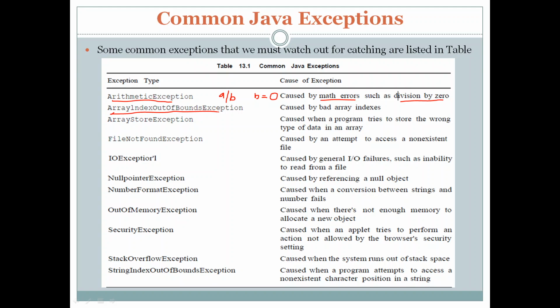Then we have the exception that is array index out of bounds exception. It is caused by bad array indexes. This simply means if you are trying to access an array index which does not exist, in such cases array index out of bounds exception will occur.